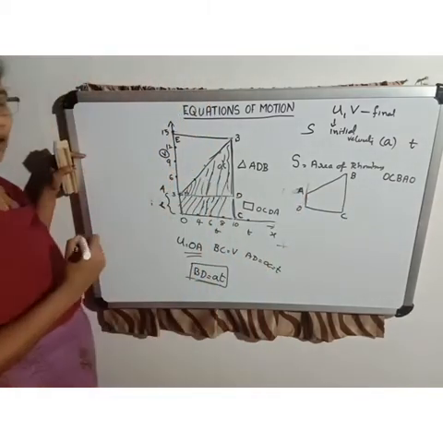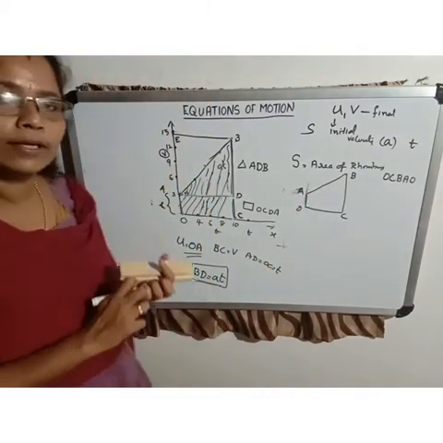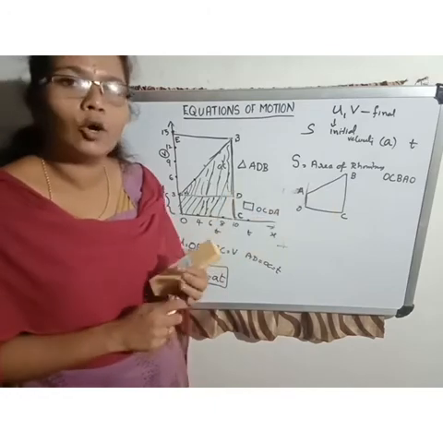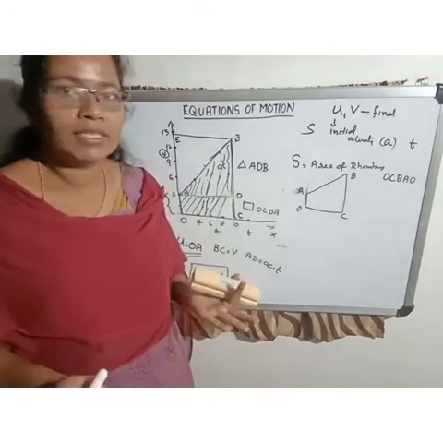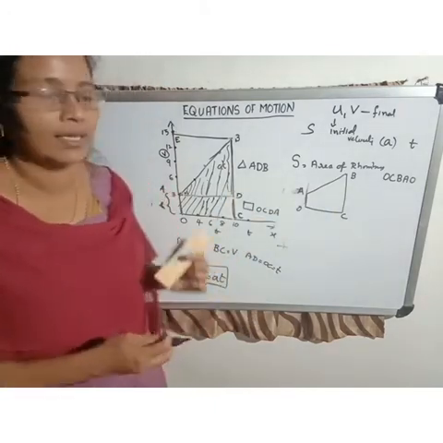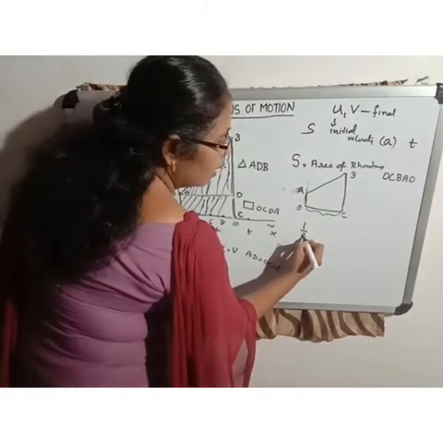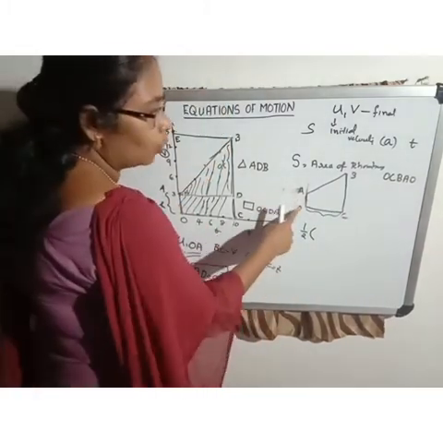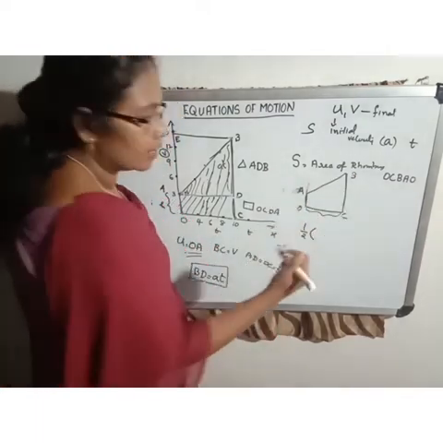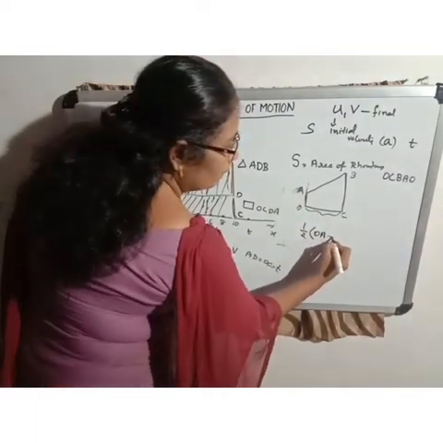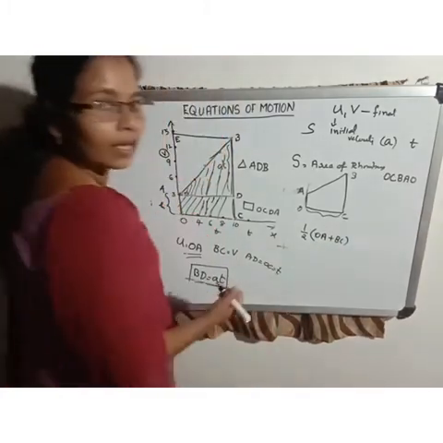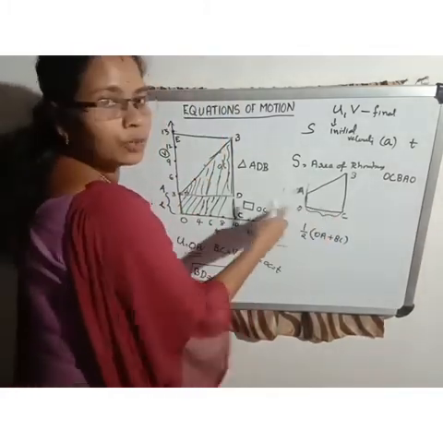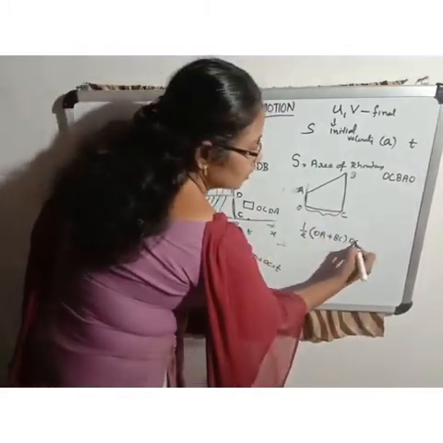OCBAO. Okay. So in order to find the area of this shape, we already studied the equation in maths. The equation is half into the sum of the parallel sides. The parallel sides are OA and BC, so their sum is OA plus BC, into the distance between the sides, which is OC.